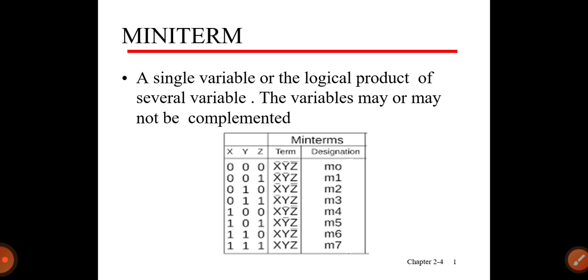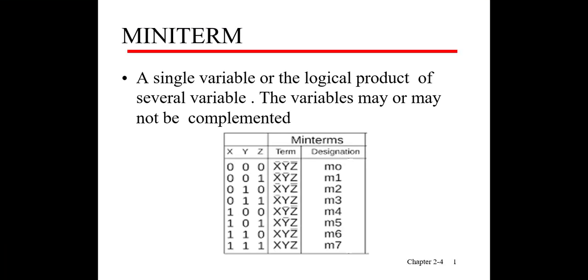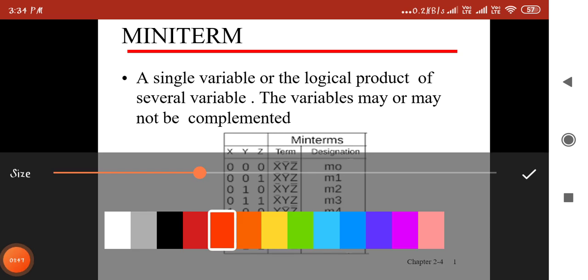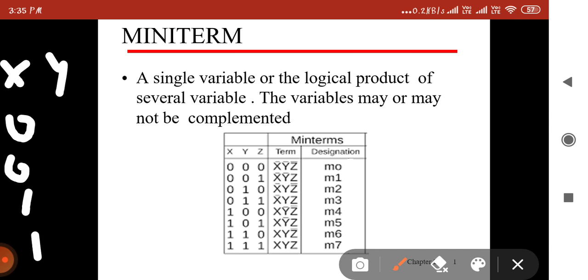For example, if you have two variables x and y, there are two inputs, with combinations 00, 01, 10 and 11.